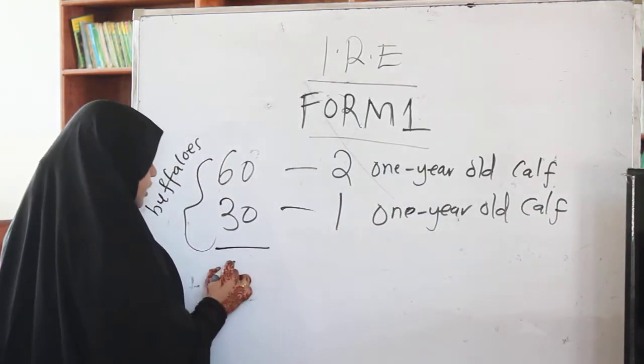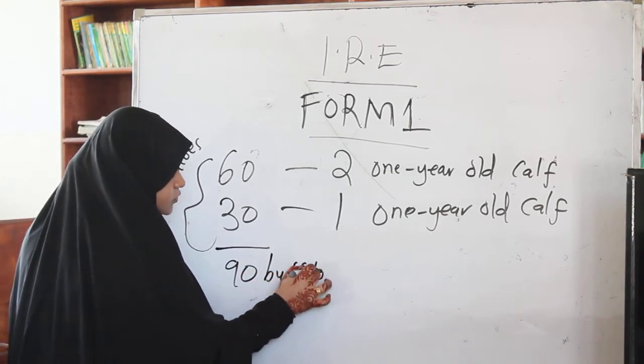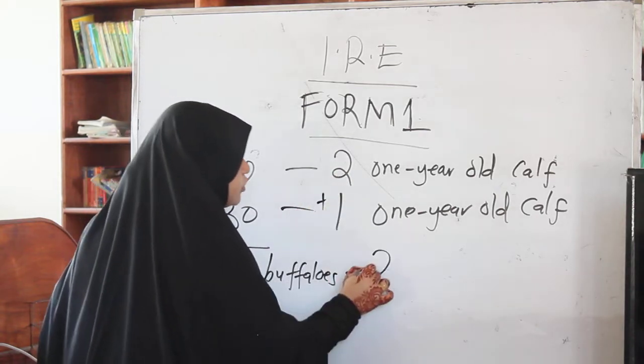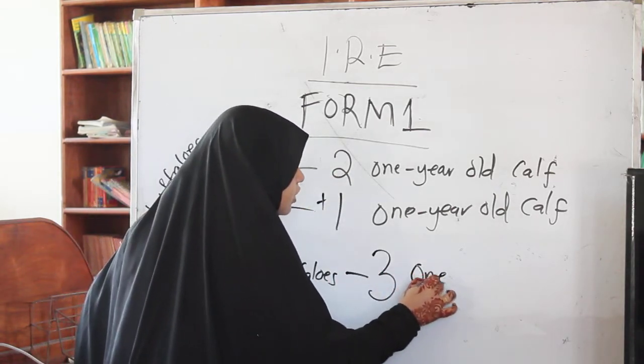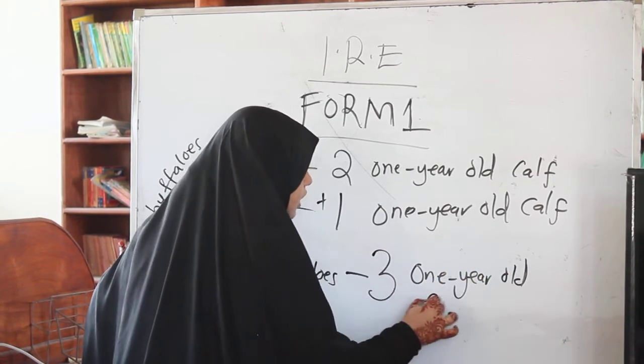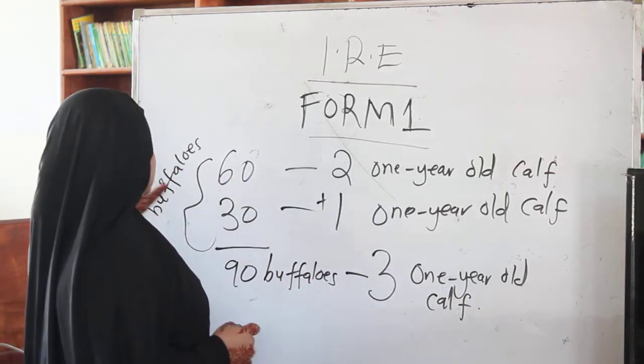So here if it is 90 buffaloes, then you'll have to give 3 one-year-old calves. This is for the buffaloes.